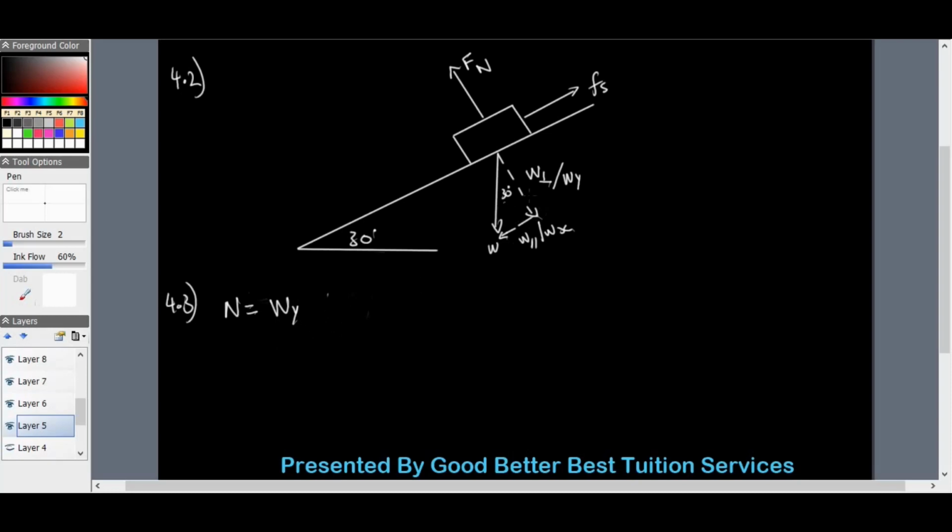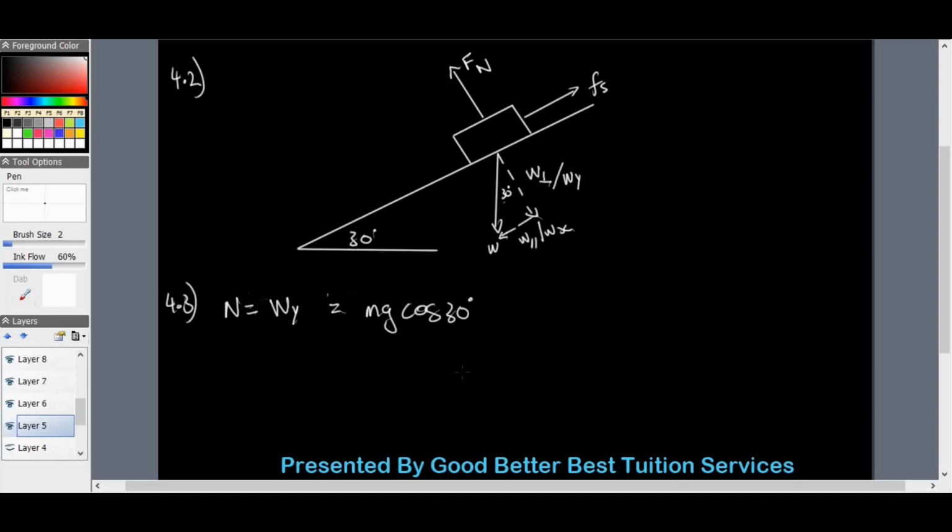Now, in order for us to find the vertical component of weight, we know weight is equal to mg. Then cos 30 degrees equals adjacent over hypotenuse, and the hypotenuse is weight, which is equal to mass times gravity. Cos 30 degrees, of course, because Wy is adjacent, over the hypotenuse.